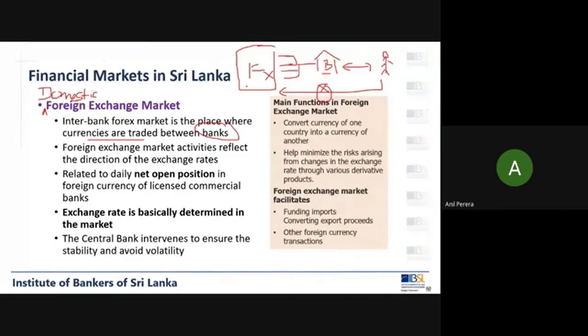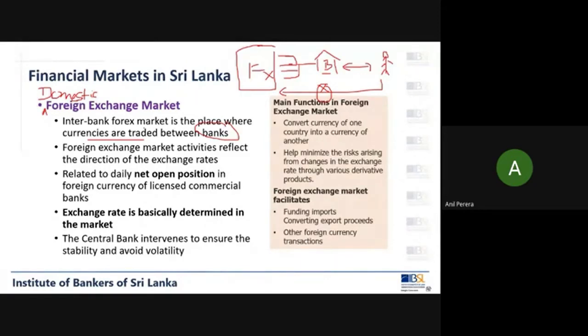On certain days, banks have surplus currency. For example, you get remittances, export conversions, other inflows, investment inflows, then you have some forex liquidity. So that determines the exchange rate in the forex market.